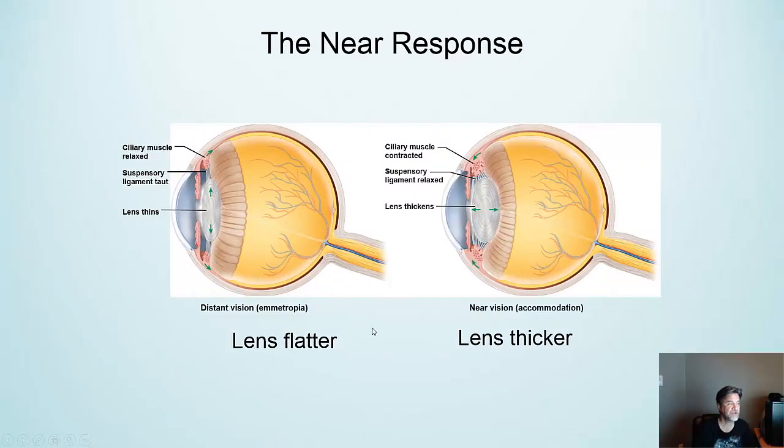Okay, so for distant vision, as I just pointed out, the ciliary muscles are relaxed, which makes the ligaments that hang to the lens much tighter, and it flattens out the lens. Whereas in the other case, the muscles will contract, which means they'll kind of bulge up, which means the ligaments will be loose then, and the lens will fatten or become thicker as a response.